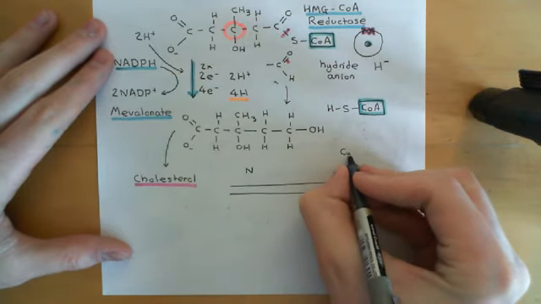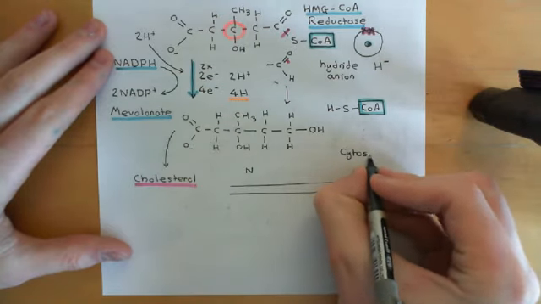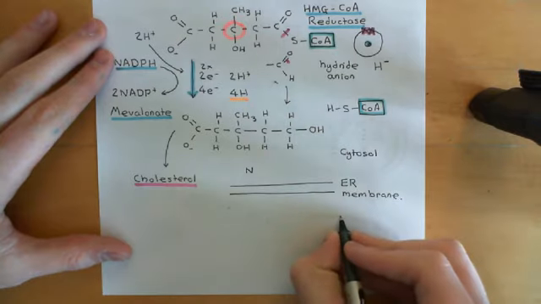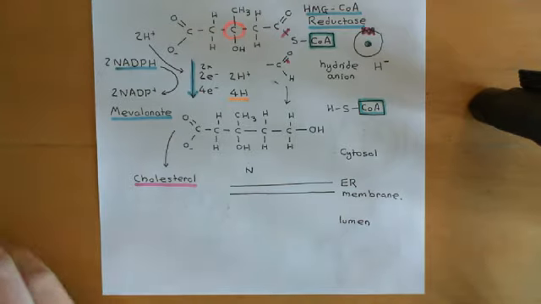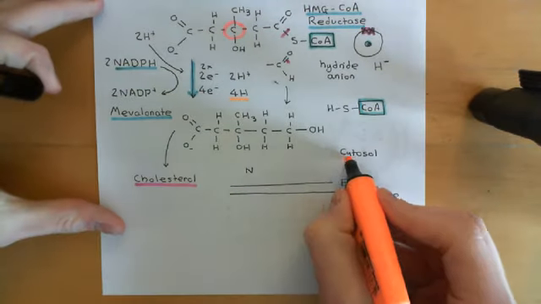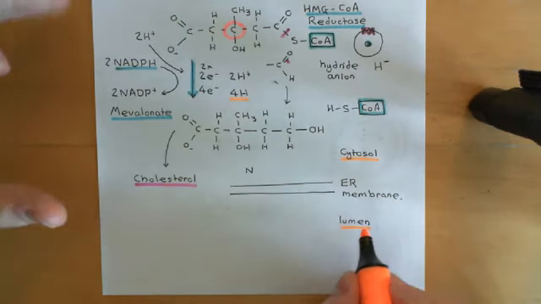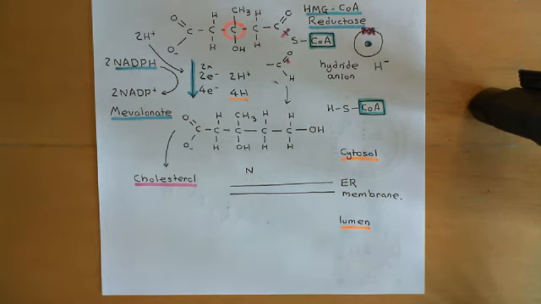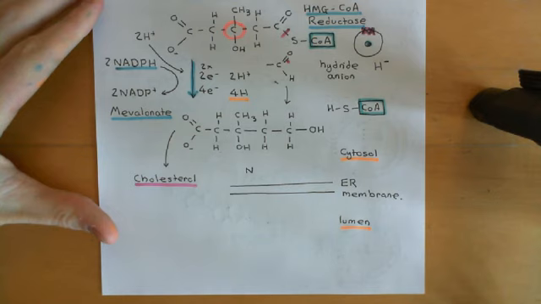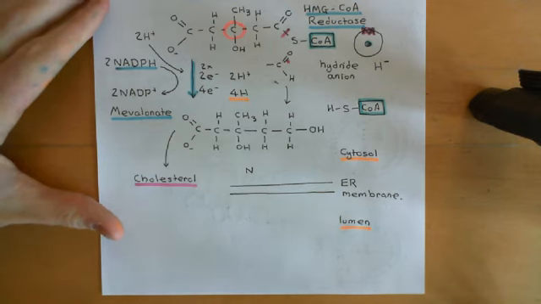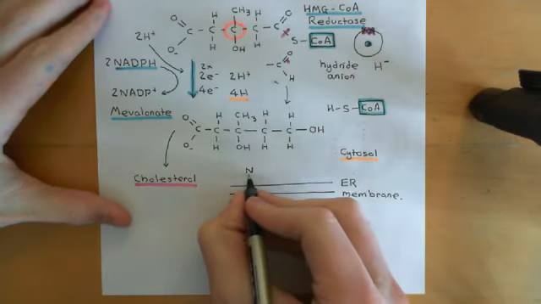So this side of the membrane here, this is representing the cytosolic side, and this is representing the ER luminal side. Okay, so let me just colour in little bits here. So here's the cytosol, here is the lumen. Okay, right, now the N and C termini of the HMG CoA reductase protein are both going to be on the cytosolic side of the membrane. So here's the N terminus.